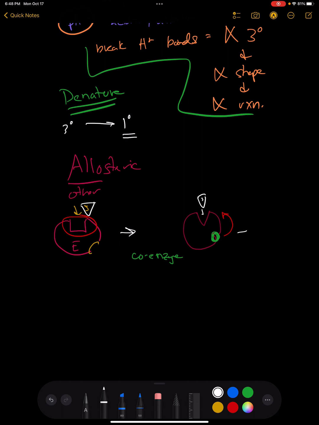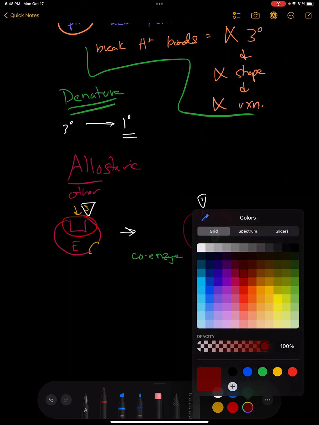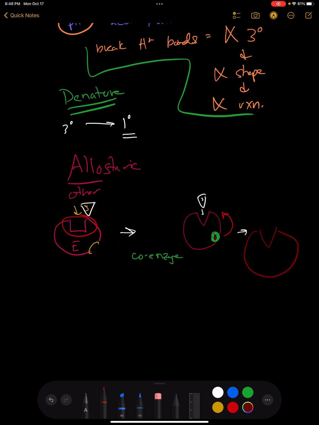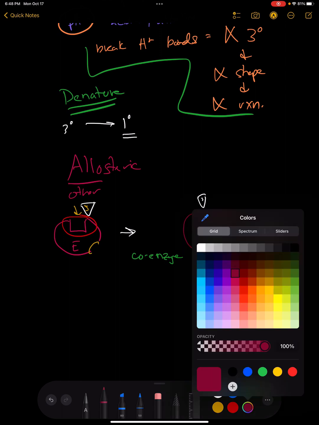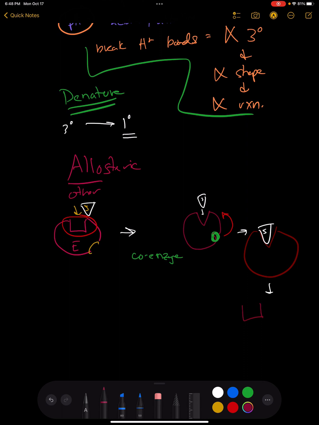And so now the substrate can fit in. Look at that. And then my reaction can take place. And then whenever the reaction's over, that active site is going to change back into the shape that I don't need it in until I get another coenzyme. And so that's just how allosteric works: it changes the shape of my active site so that way that reaction can take place.